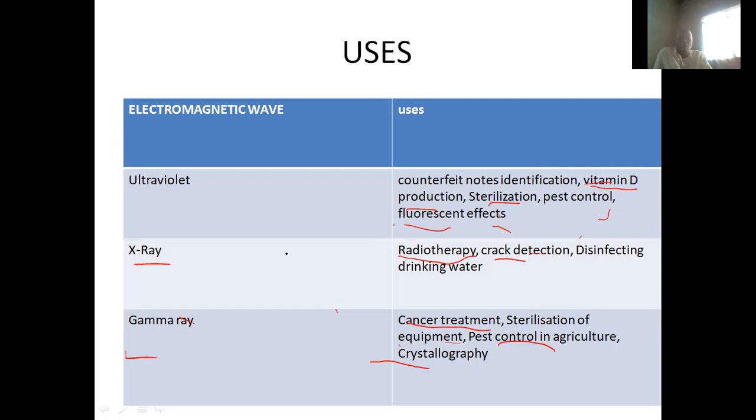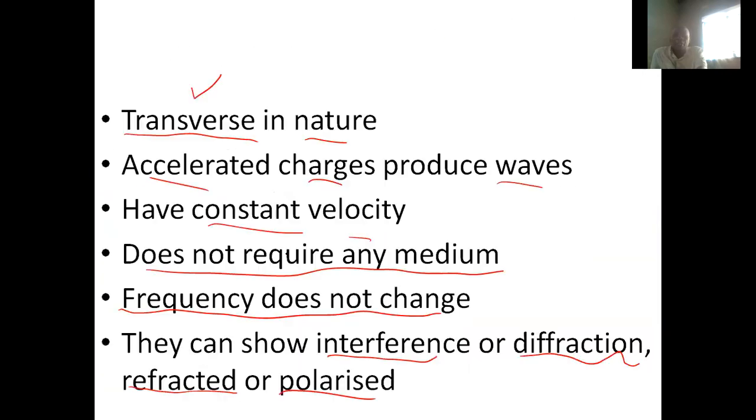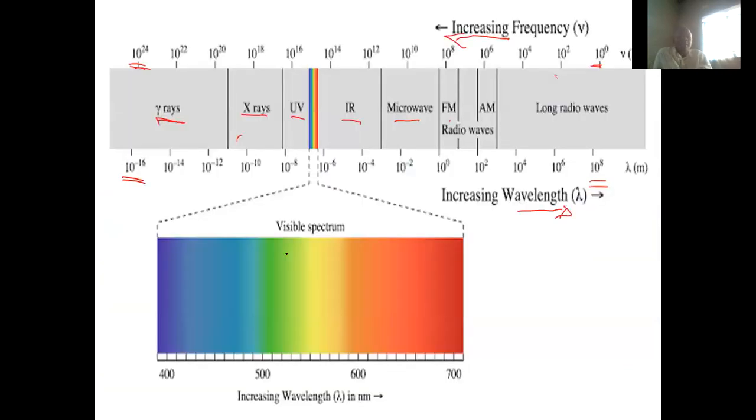So I thought today we can look at electromagnetic waves, what they are, their origin, what produces them, as well as where they can be used. And the most important thing I've mentioned is that electromagnetic waves have a spectrum, which is a result of differences in the frequency as well as wavelength.